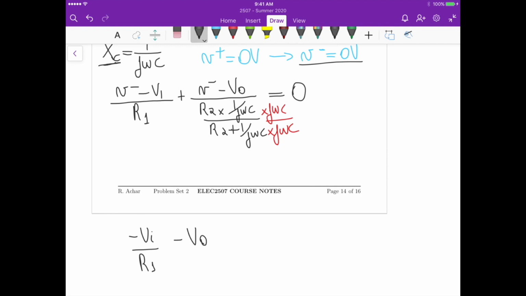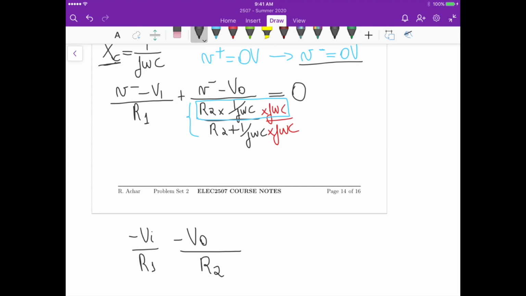Minus V out. And now if you look at this part of the equation, this numerator of our denominator here, this is the entire denominator, this becomes just R2, right? So we have just R2 down here, right?